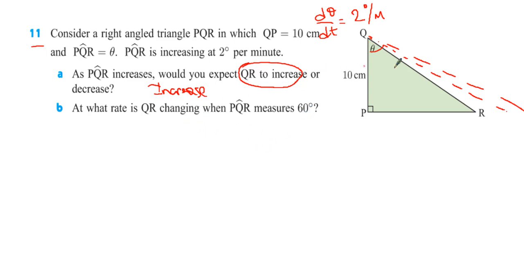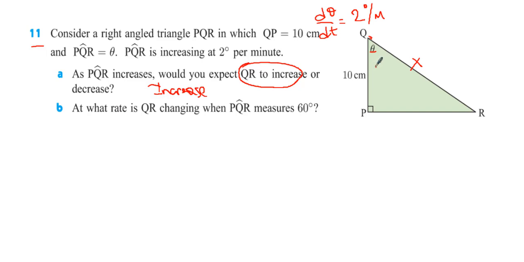Okay, now what do we need to do? They are asking about the angle and QR, the relationship. Let's call this side QR, x. And let's relate this angle with respect to the givens. So I have 10, I have x and I have the angle. I need to relate them. How can I connect them?